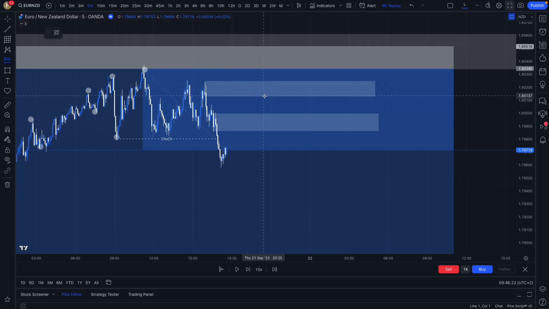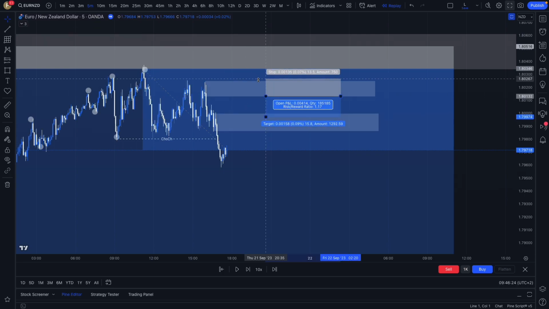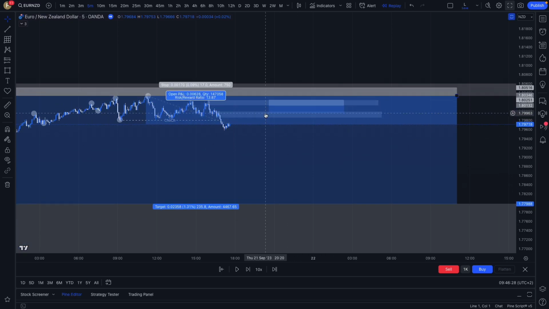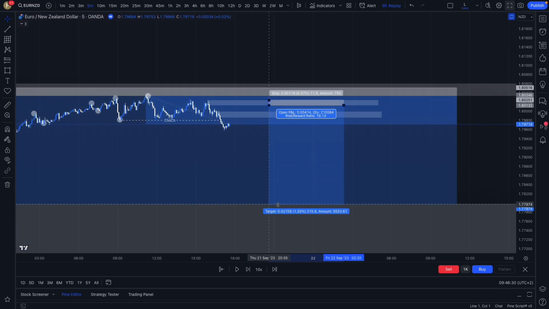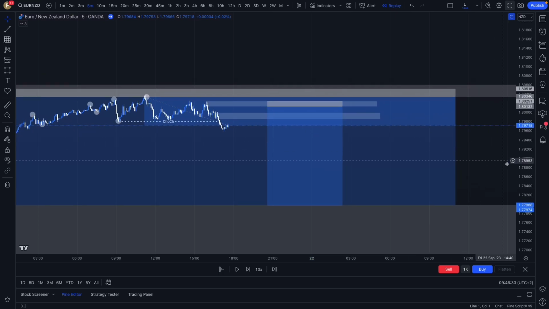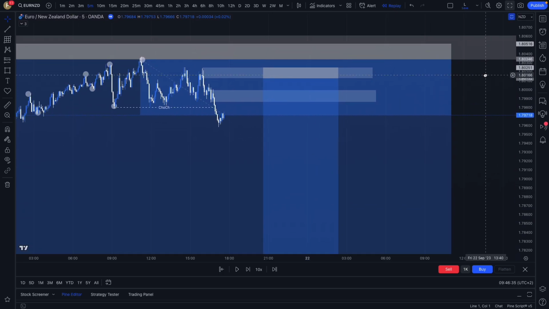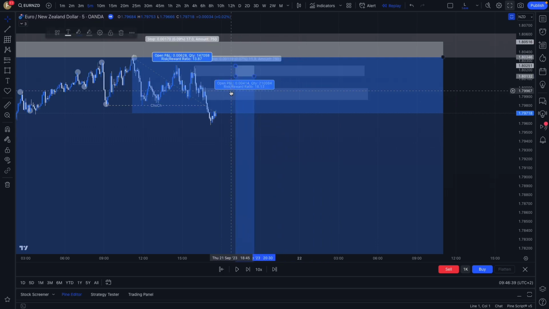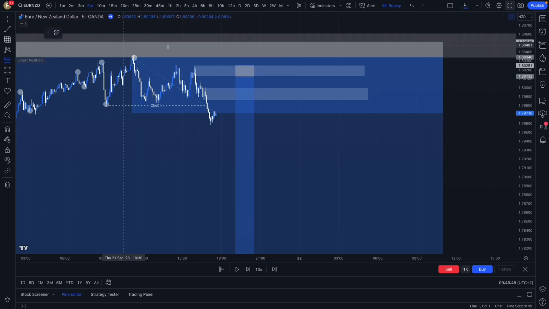If we take our entry from here and target the daily demand, we see that this is an 18-hour trade. So are we going to risk missing this trade by not putting an entry on this supply, or can we just put in both? We can just literally put in both.